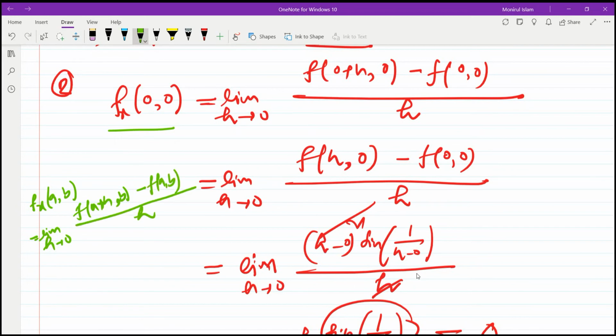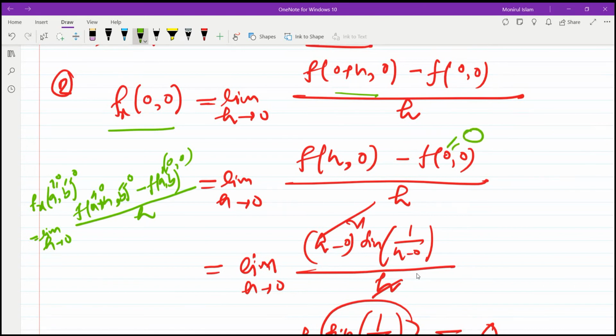So if it's (0,0), it will become f(0 plus h, 0) minus f(0,0), upon h. I applied this formula, so the limit as h tends to 0 of f(h,0) minus f(0,0), and f(0,0) is 0.